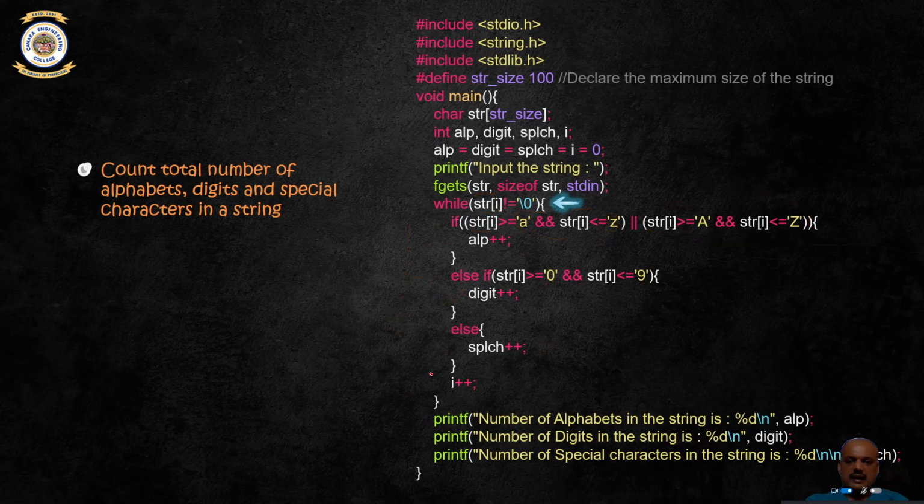Having done that, increment the index of the array, I, because a while loop doesn't do that on its own. Like a for loop, you need to do it explicitly.